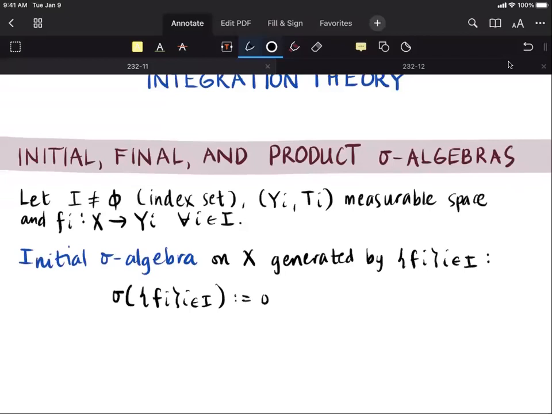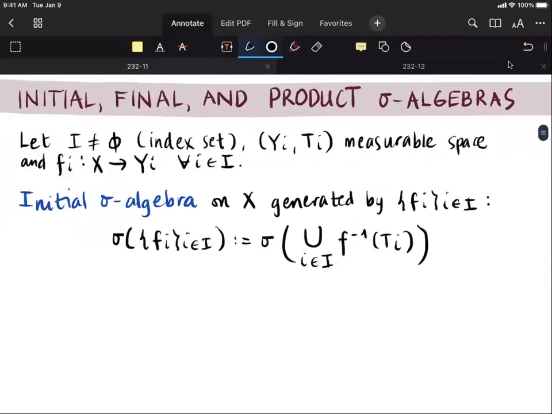And this is defined to be the sigma algebra generated by taking the union of inverse images of the sigma algebras T sub I corresponding to Y sub I. And here recall that f inverse of a collection is defined to be the set of all inverse images of E, where E is in T sub I. So again, the initial sigma algebra on X generated by a family of functions f sub I is the sigma algebra generated by the union of the inverse images of the sigma algebras T sub I.